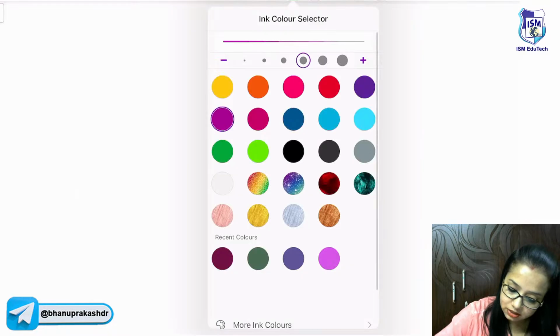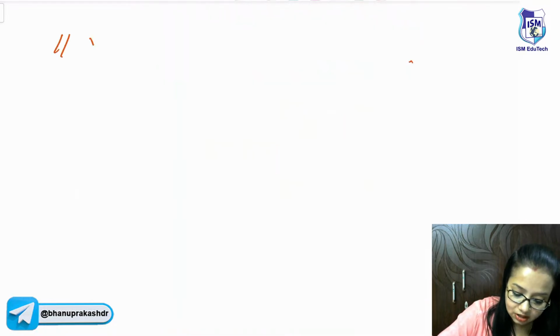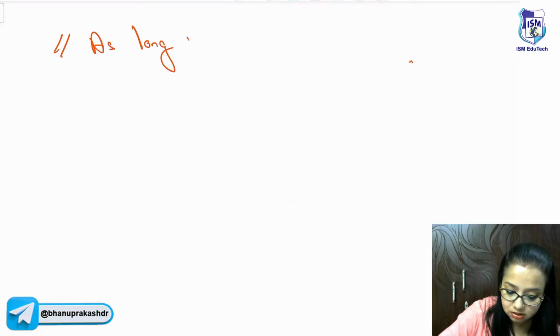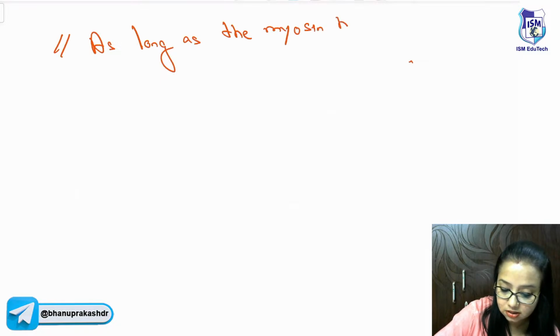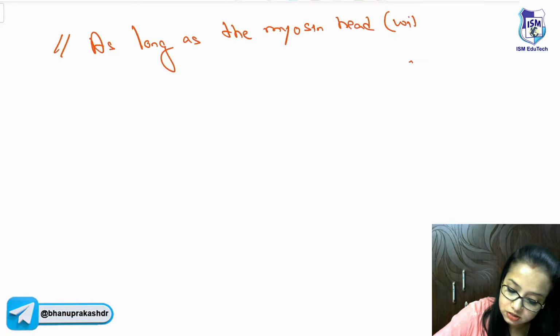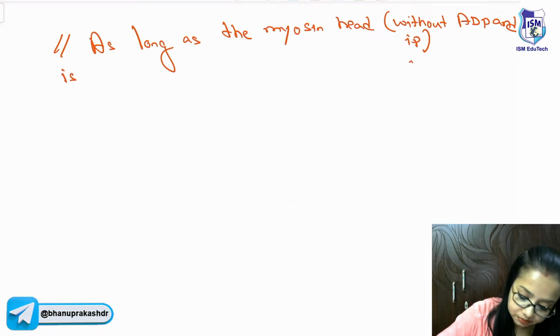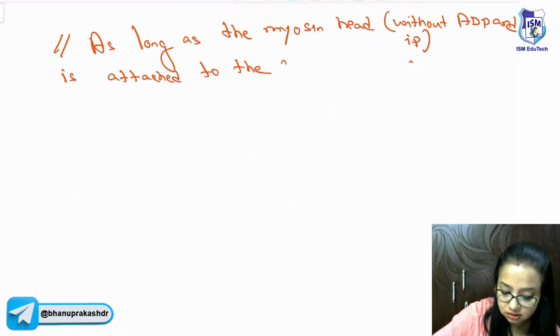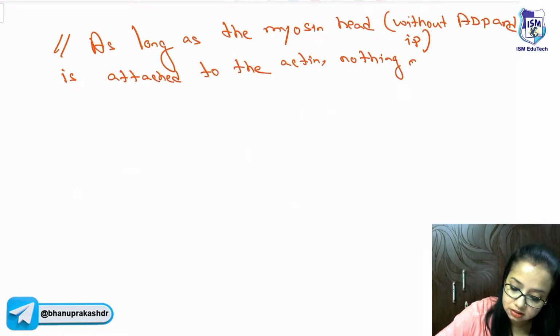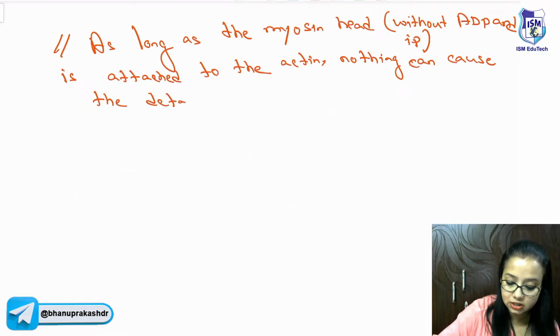So, for remembering, we write down: as long as the myosin head without ADP and IP is attached to the actin, nothing can cause the detachment.